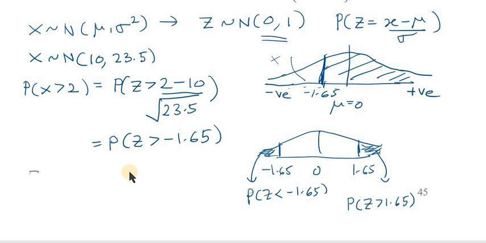So instead of finding greater than negative 1.65, we can find it through 1 minus the probability of Z greater than 1.65, because this area we know already equals the right hand side, which is in the table. On the left hand side we cannot find it in the Modox table, but on the right hand side, yes, because it is symmetric. So 1 minus, this one we refer to the table.